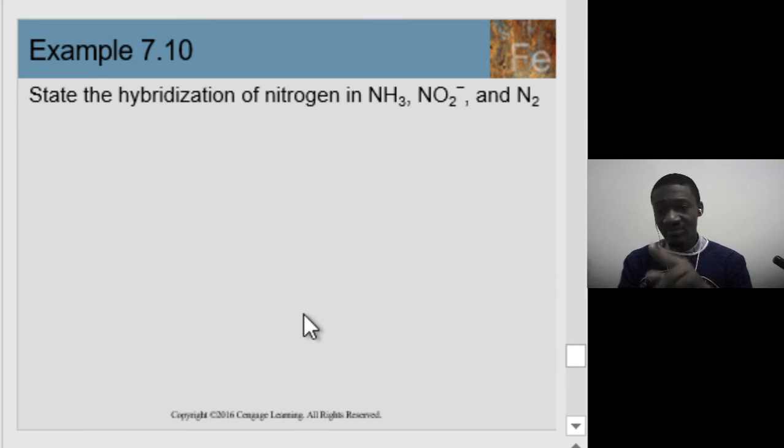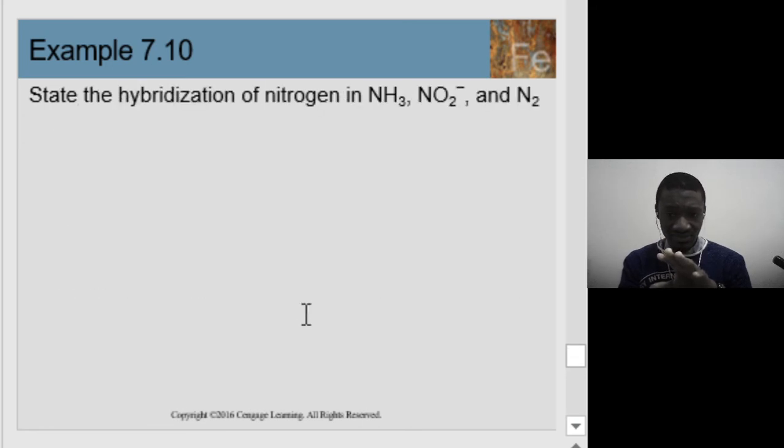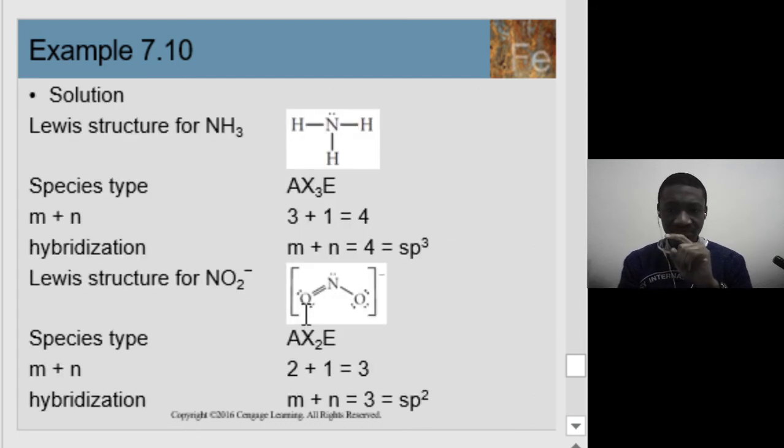So the hybridization of nitrogen, in ammonia and this other species, we're going to see those in this example question: state the hybridization. Okay, let's just look at it. In this case, notice that you have N, which is the central atom, and 3, and then the E. If you look at it very closely, the N has how many electrons on the outermost shell?